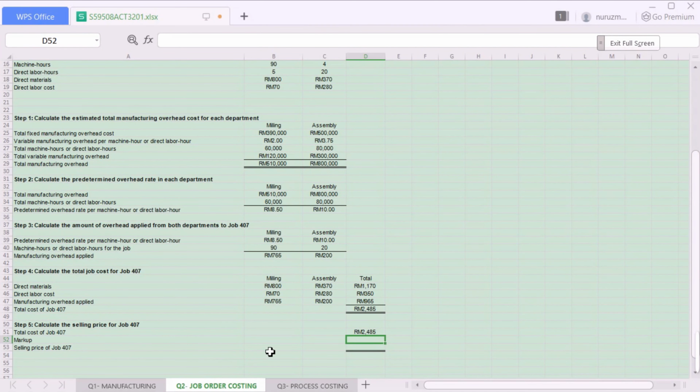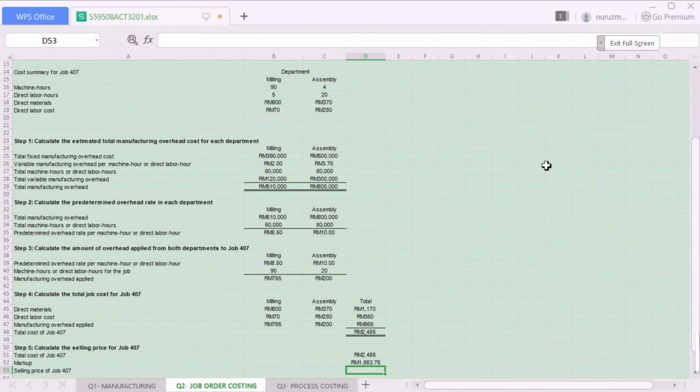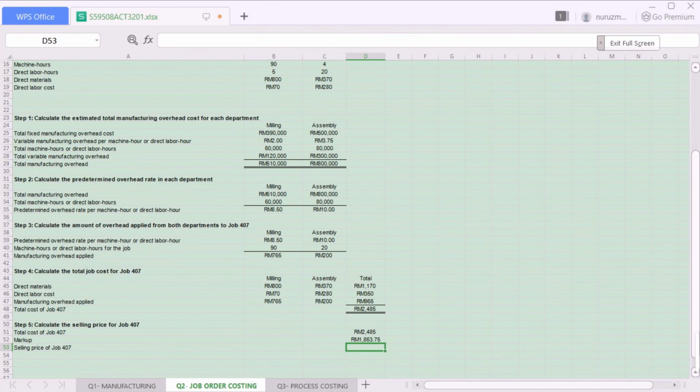Markup is total cost of job 407 multiplied by markup 75% equals 1,863.75, and the selling price is total cost of job 407 plus markup 1,863.75 equals 4,348.75.